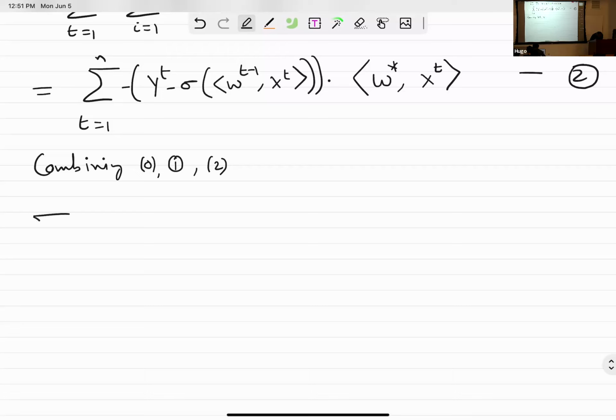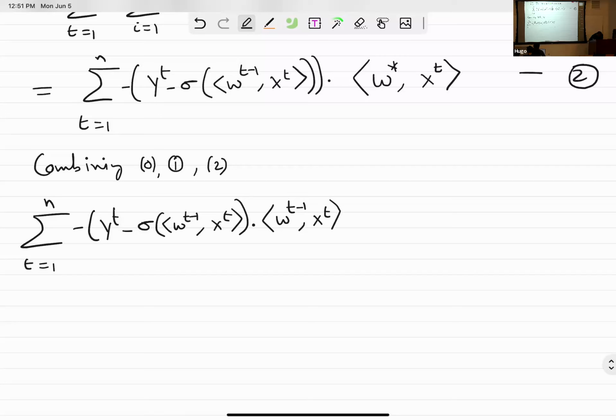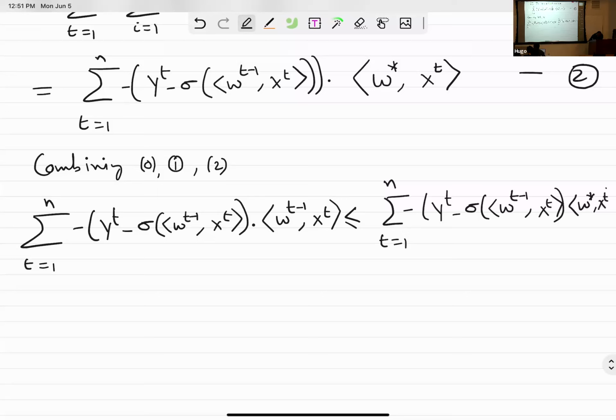We get the expected loss of our algorithm, which was this formula, is at most the loss of the best expert plus some constant times the regret. Okay, this is the total expected loss.